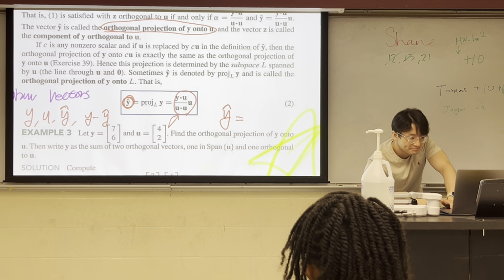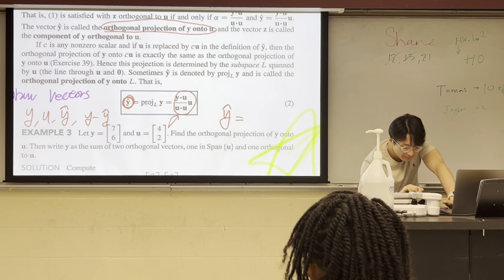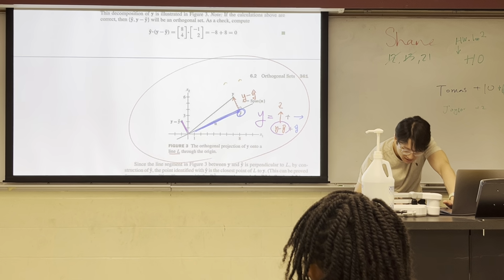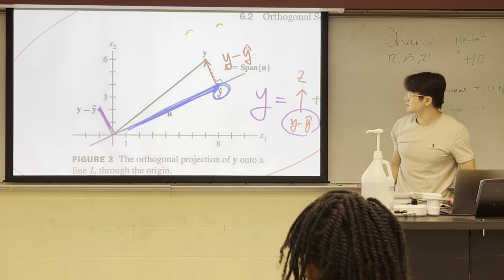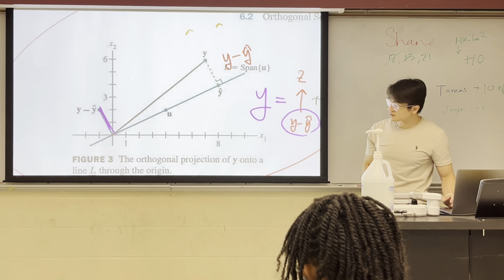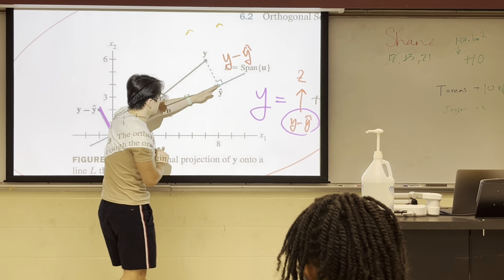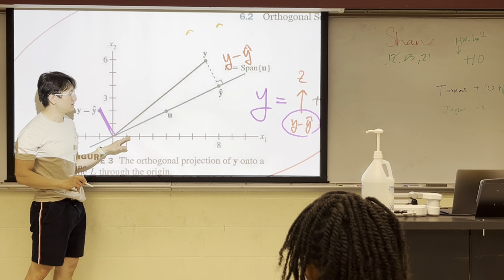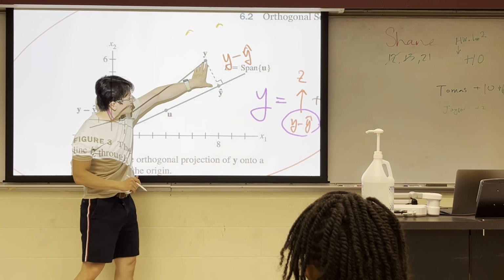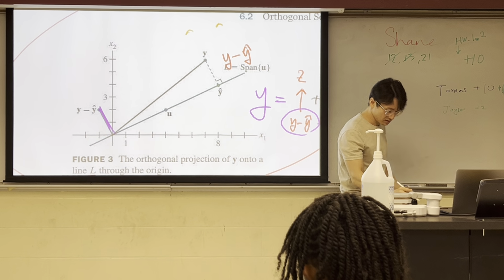What is y hat? Page 4. Remember you guys drew this on the board? So graphically speaking, you project y, you get y hat. But what is the distance? This is the distance, right? y minus y hat, and that will be the error.